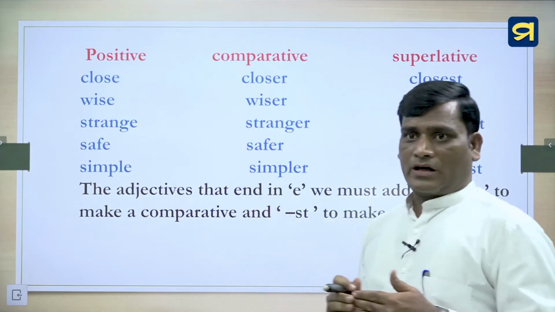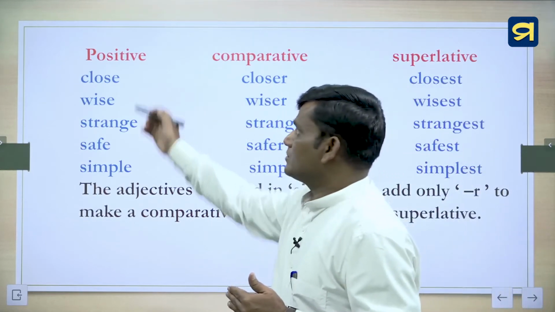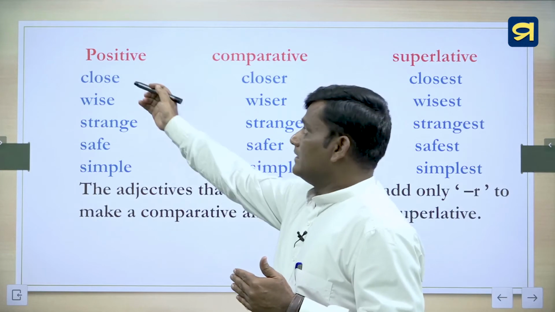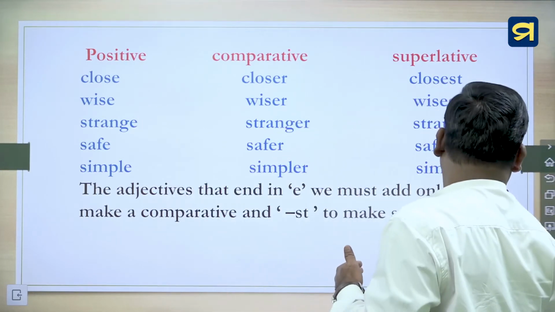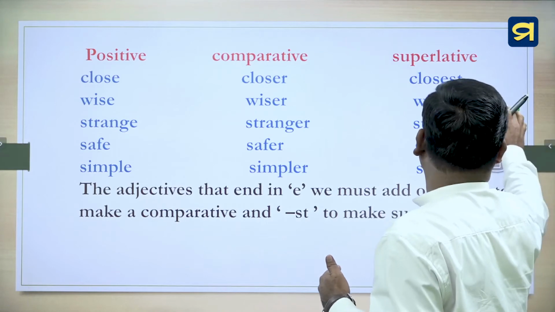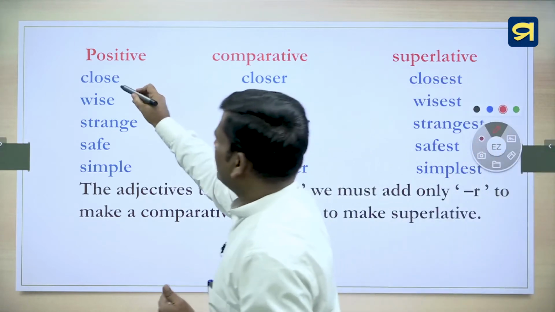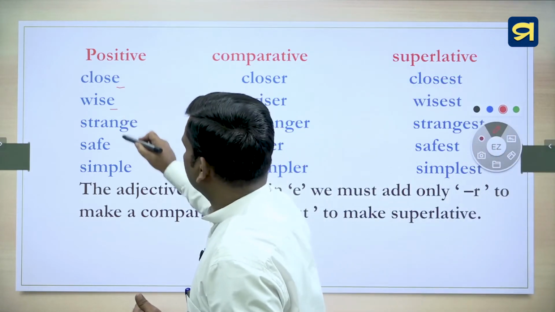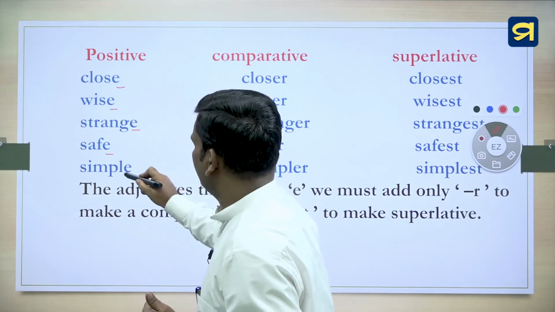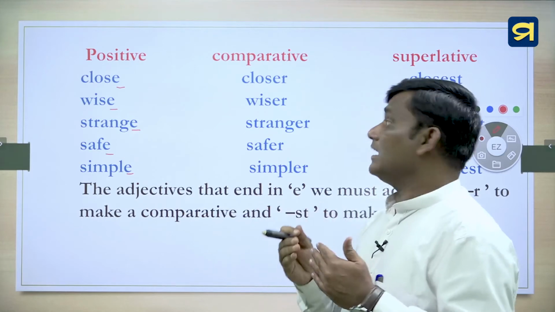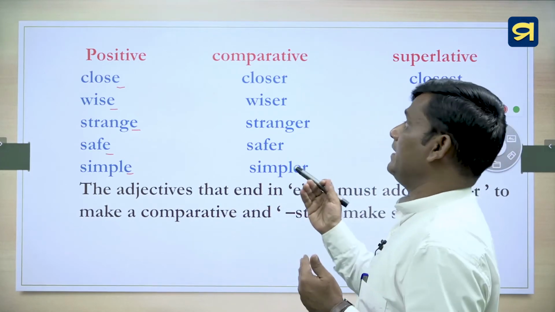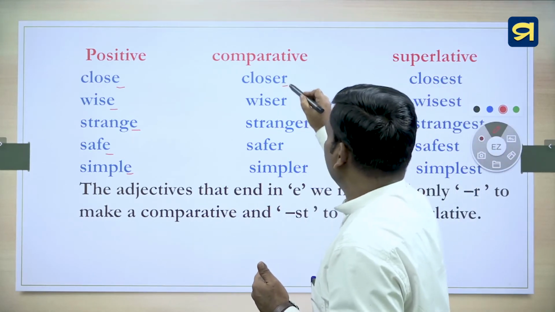Here look at some other examples. Some adjectives in the positive degree all end with E. Look at it: close, wise, strange, safe, simple. While converting into the comparative degree, only R is added.